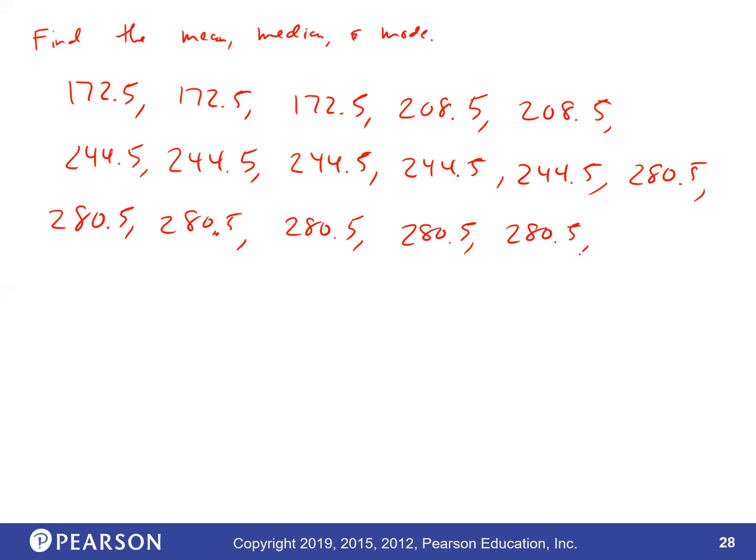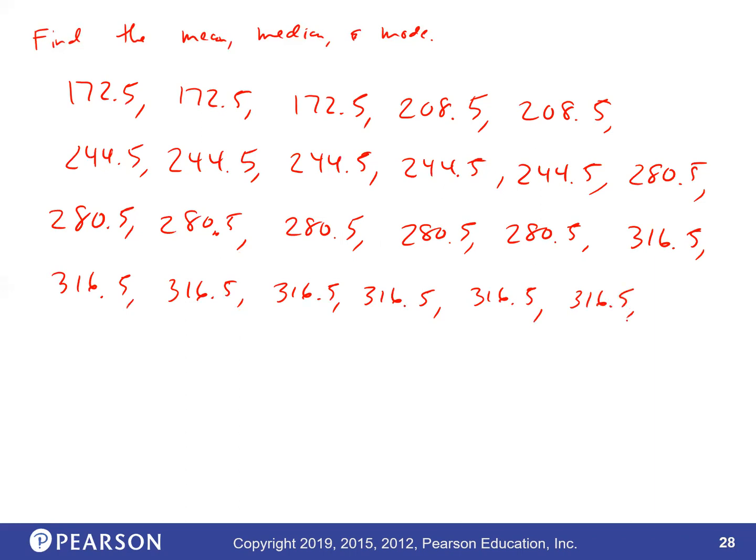Yes, I am. 316.5, that's once, twice, 3 times, 4 times, 5 times, 6 times, 7 times. I want out of this class. 352.5 twice, 3 times, 4 times.